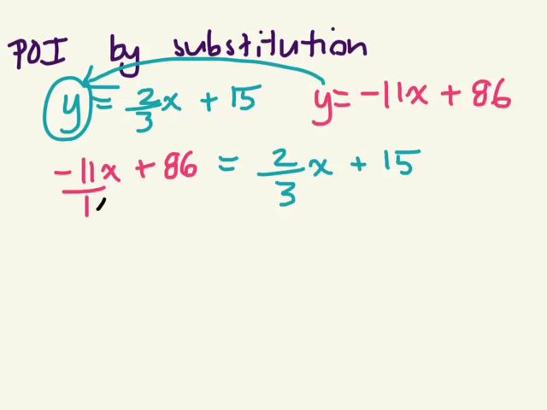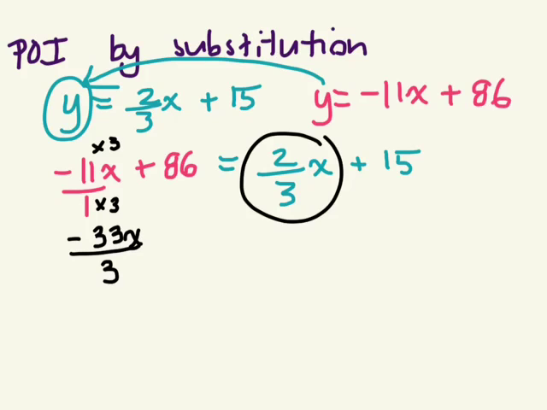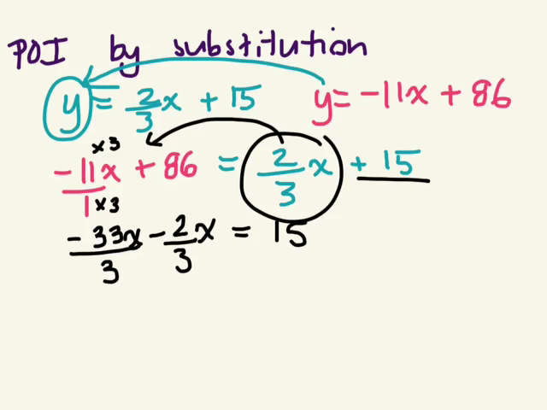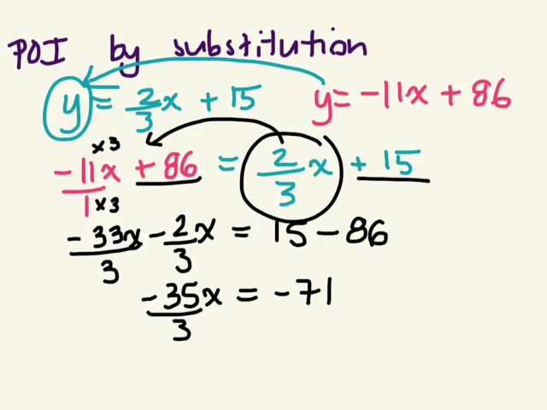So start by finding a common denominator, because you know you're going to be grouping like terms. Negative 11 times 3, negative 33 over 3x. What do I want to do with this? Bring it over, becomes subtract, and I have my positive 15 on the right side. What do I do with the positive 86? When I simplified both sides, I have negative 35x divided by 3.